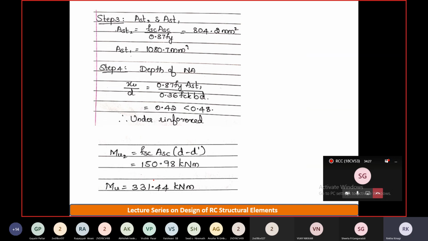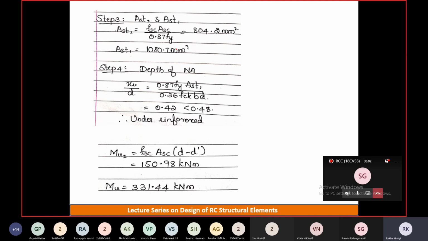Now, once we calculate FSC, we can calculate AST2, that is FSC ASC divided by 0.87 Fy. ASC is already given in the numerical example, Fy is given, FSC has been calculated, so I can calculate AST2 easily. Since AST is given in the numerical, I can then calculate AST1 directly.